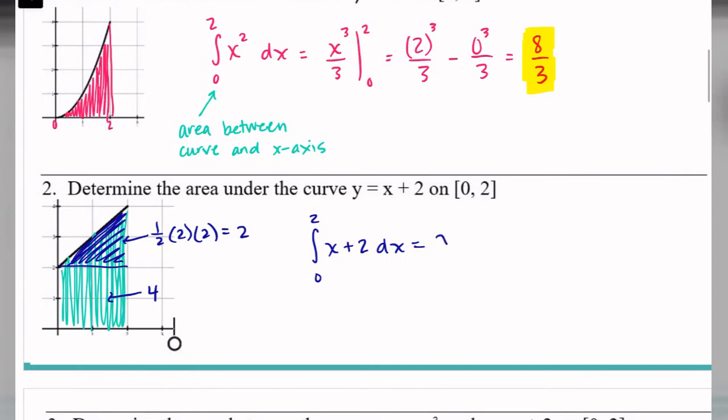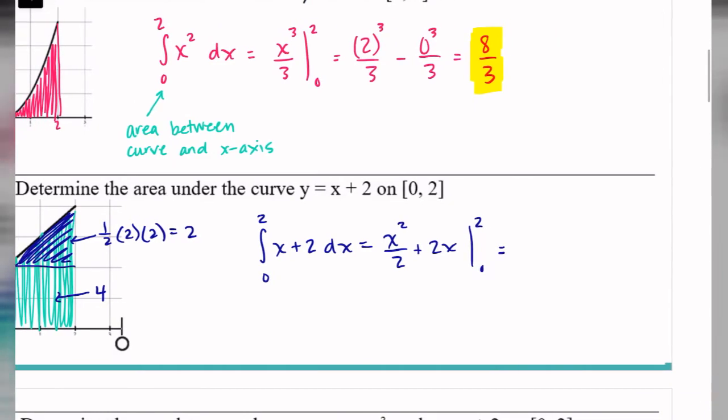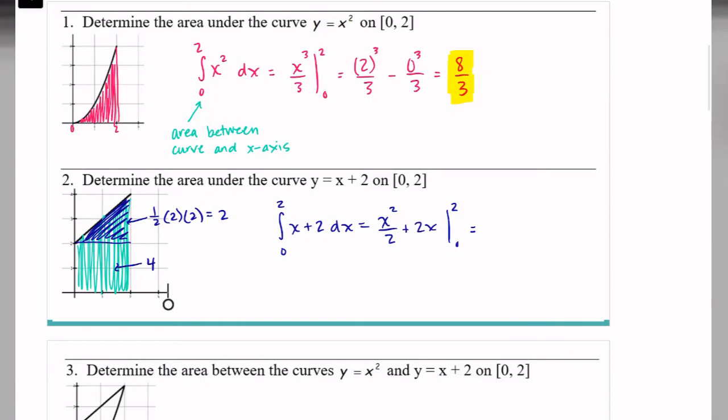Okay, so I would get x squared over 2 plus 2x from 0 to 2. When I plug 2 in, I'm going to get 2 squared over 2 plus 2 times 2. And I know in this specific problem, if I plug 0 in, I'm going to get 0, so I'm not even going to bother to write that down.